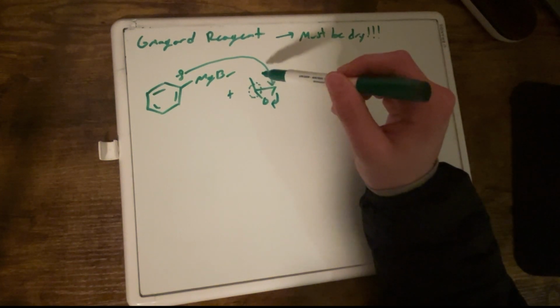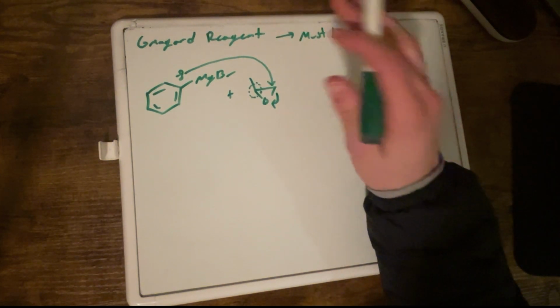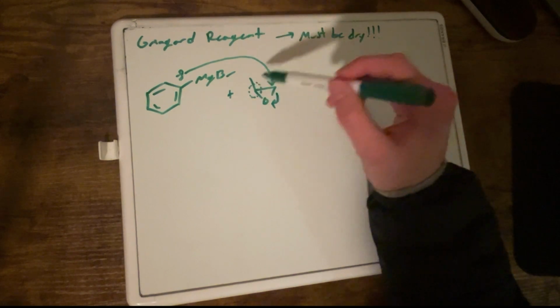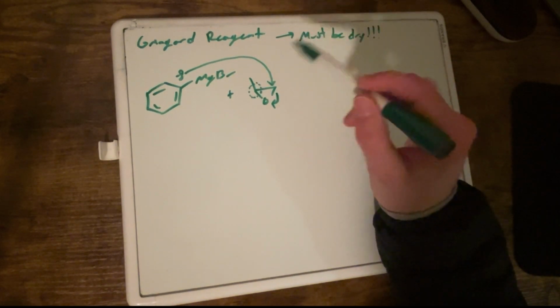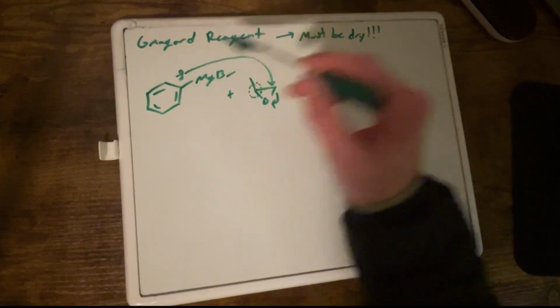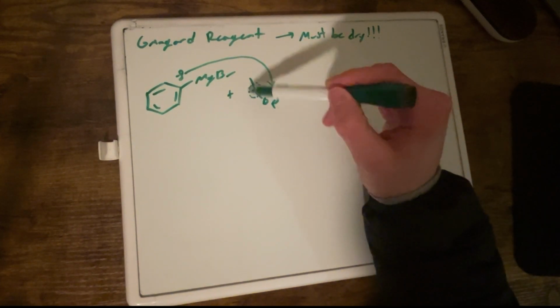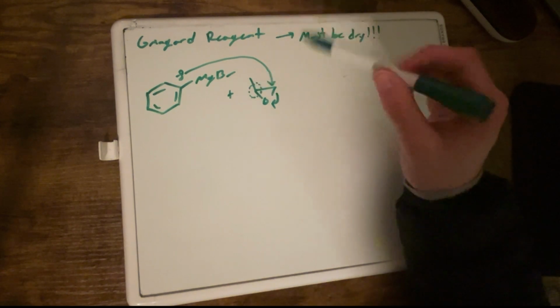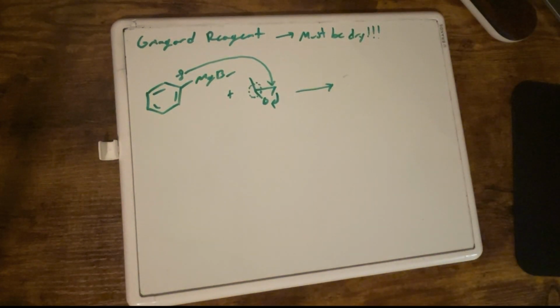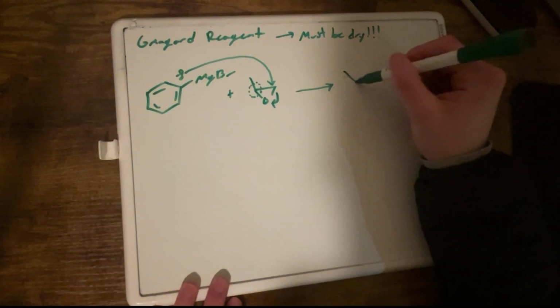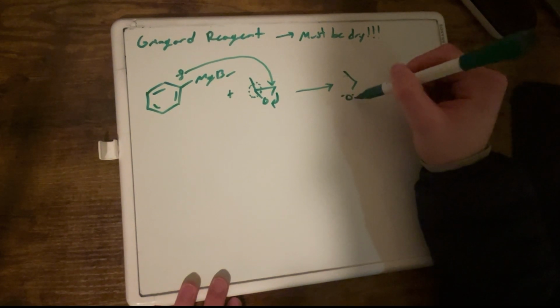It actually completely does, because, not completely, but as far as I'm aware and as far as I've seen, this partial negative will not attach to this carbon atom here. So essentially what that results in is you end up with something that looks like this.